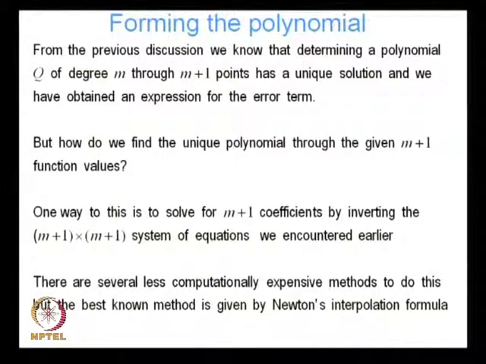But solving that m plus 1 by m plus 1 system every time is of course enormously expensive, right. One needs to fit a polynomial in any reasonable computation many times, many thousands of times, many millions of times. So if you have to solve that system every time, it is not going to be feasible.